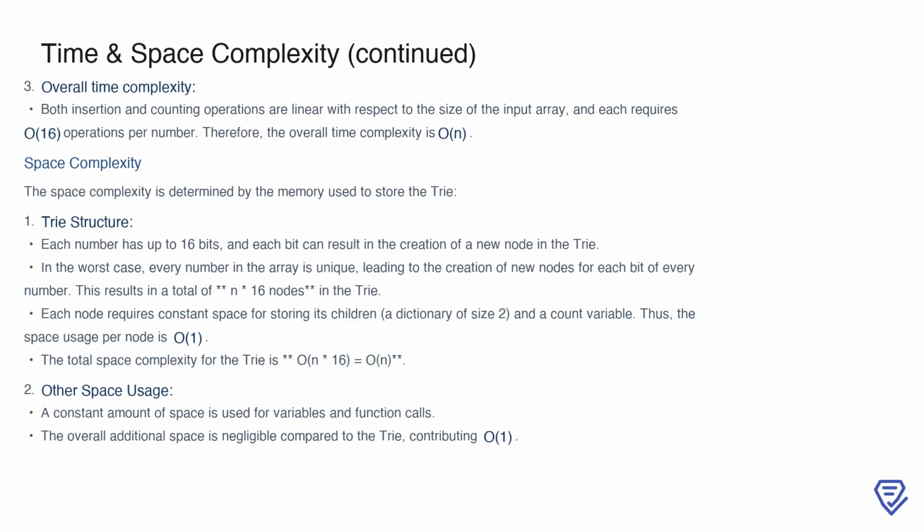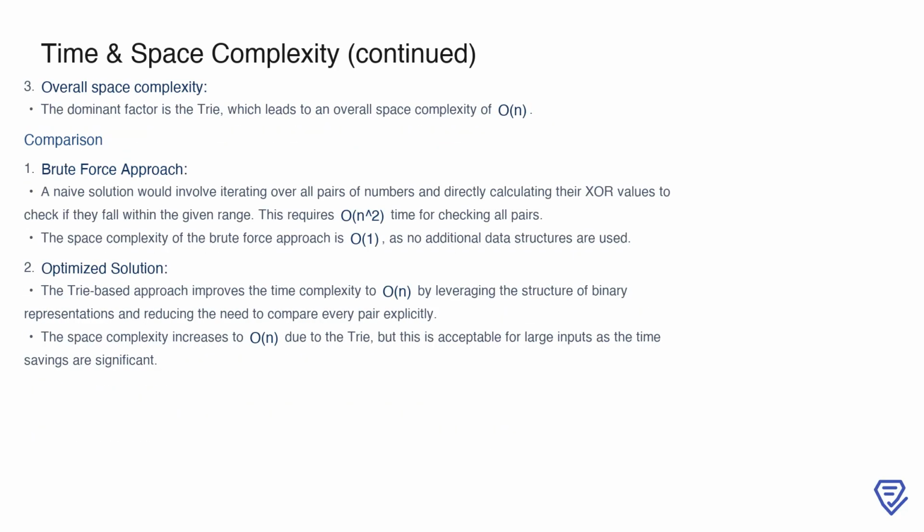Since each tree node requires a constant amount of memory for its children and a count variable, the space usage per node remains 1. Thus, the overall space complexity for the tree becomes n*16, which simplifies to n. Additional space usage, such as for variables and function calls, is negligible in comparison, contributing only 1. The overall space complexity is therefore dominated by the tree, resulting in n.